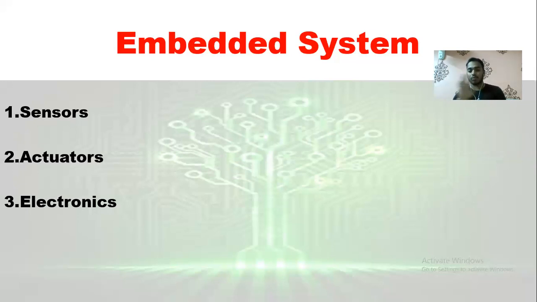If you don't have an electronic system, you are not able to use those sensors and actuators. Whenever you are joining these two devices, you must join them with electronics. Electronics is a system.